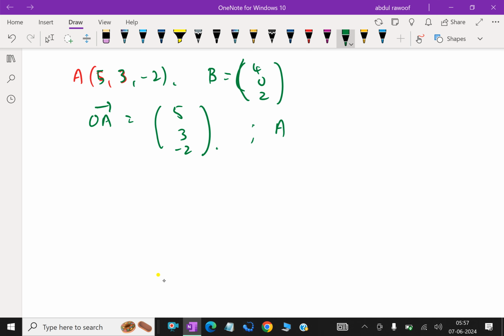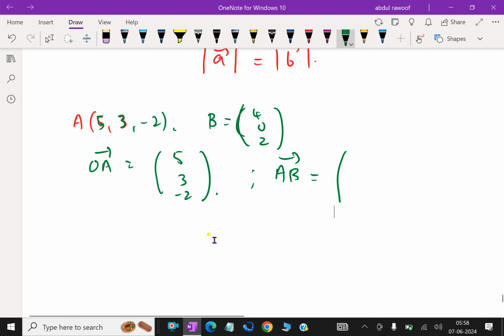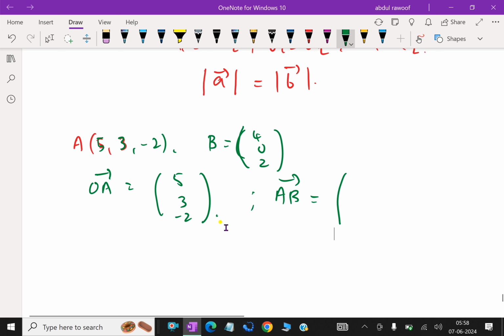Then vector AB is B minus A. That is 4 minus 5 is minus 1... Then AB is B minus A, that is 3 minus 5 is minus 2, 0 minus 3 is minus 3 and 2 minus 2 is 0.